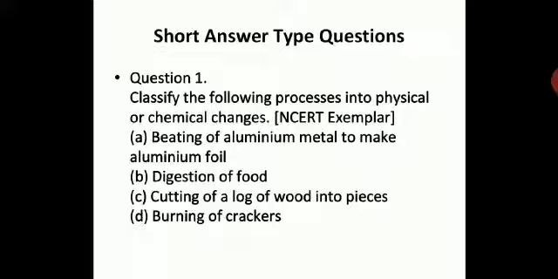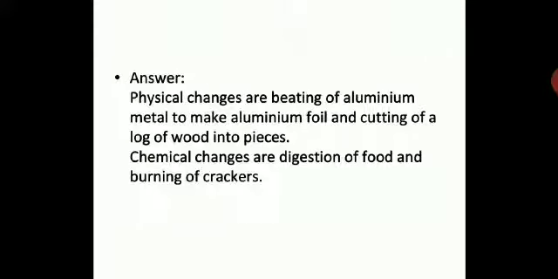When it goes through the esophagus towards the stomach, the digestion process takes place. Digestion of food is a chemical process where the food is broken down in the mouth and swallowed, and then all digestive juices get added, and therefore it is a chemical change. You will not get the food back. Therefore, digestion of food will be a chemical change.